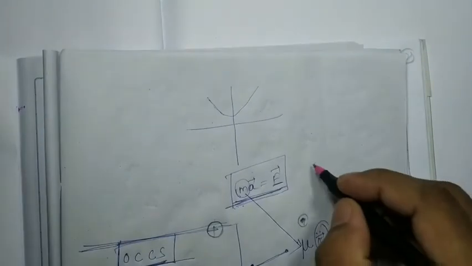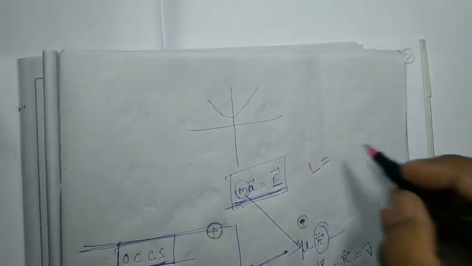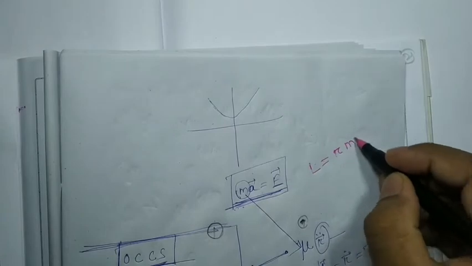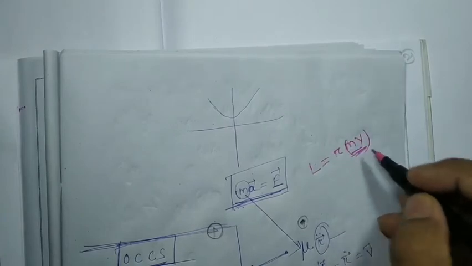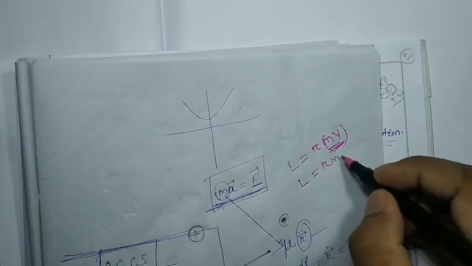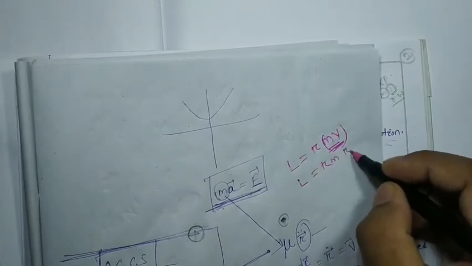Got it? In the case of angular motion, angular momentum is nothing but r into m into v, where m v is your linear momentum. So L equal to r into m into v will be written as r into omega, where omega is your angular velocity.